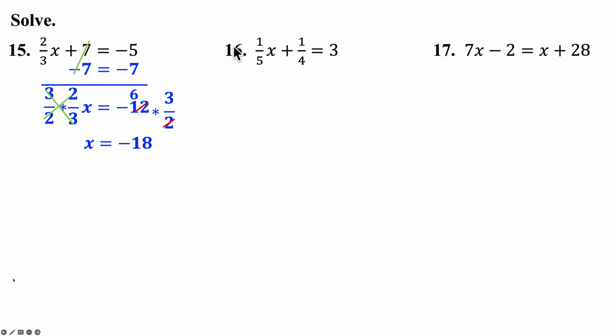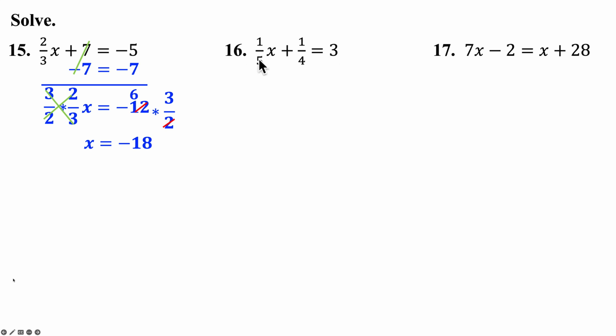All right, 16. We have 1/5 x plus 1/4 is equal to 3. So here, I'm not going to subtract over 1/4 because I don't want to change this whole number into more fractions. So here's a nice little trick. I didn't do it over here to this one because there's one fraction. But if I have multiple fractions with different denominators, I'm going to show you how you get rid of all denominators.